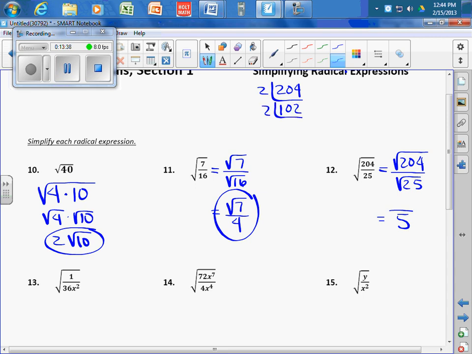Divide that by 2, get 51. Divide that by 3, and I get 17. So radical 204 is radical 2 times 2 times 3 times 17. Well, I get to pull out this 2. I get 2. These guys don't have partners, so I'm going to multiply them back together again. Radical 51 over 5 would be your final answer.